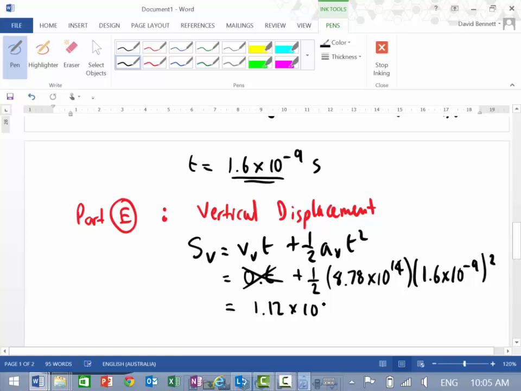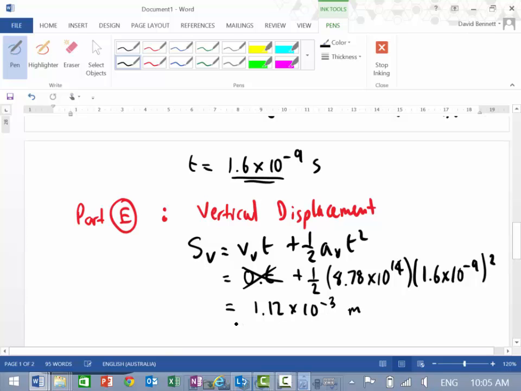Negative 31. That's a mistake there. What did you get, Alex? 1.1 times 10 to the negative 3. Negative 3 metres.